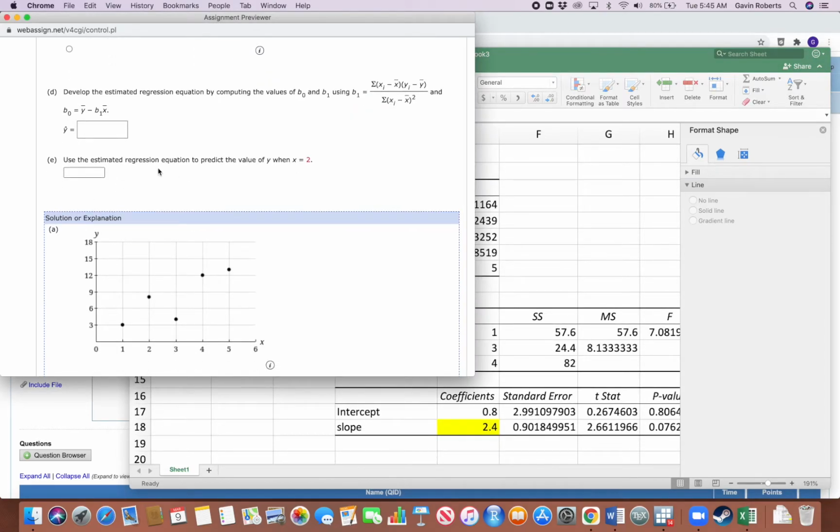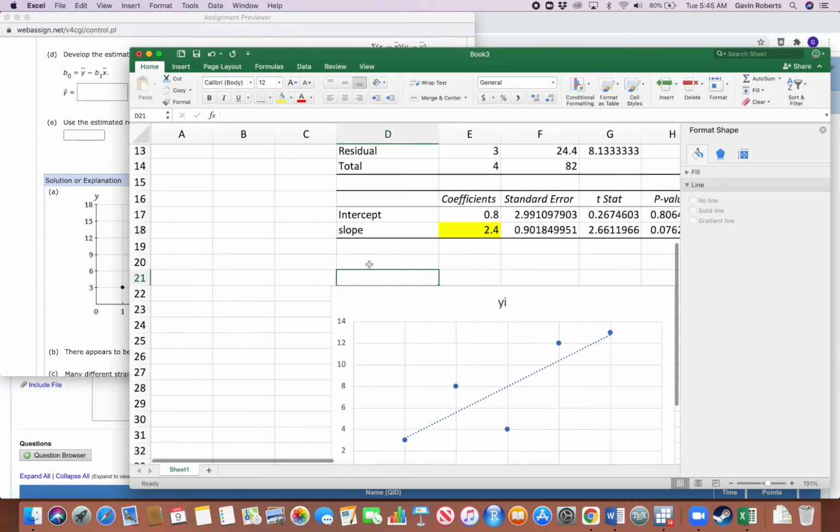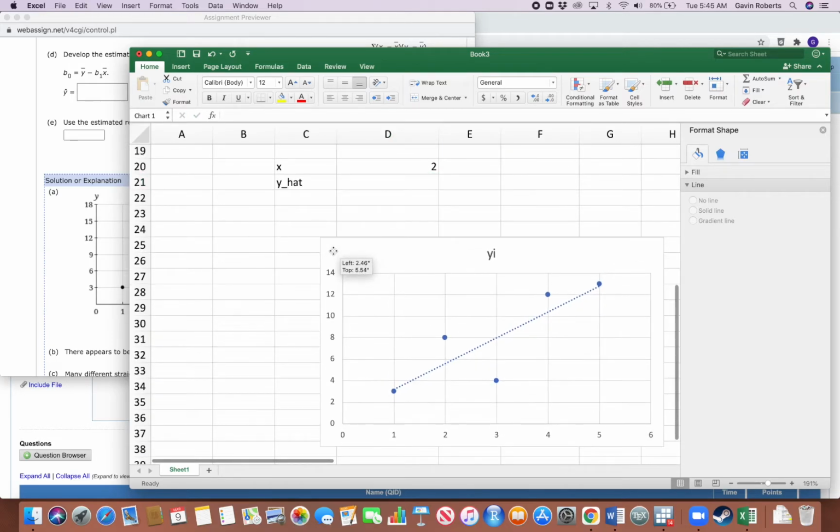Now use the estimated regression equation to predict the value of y when x equals 2. Well, anytime we have an equation and x is 2, we can just plug in. We'll call it y hat because it's our estimated value of y, so we're still using that hat idea.